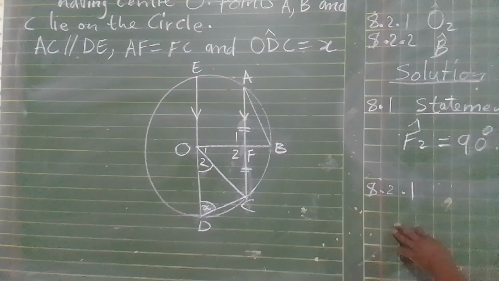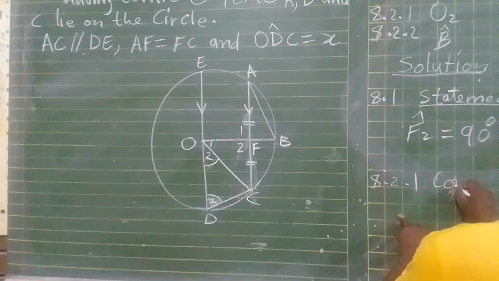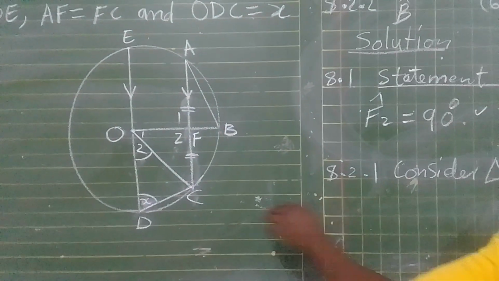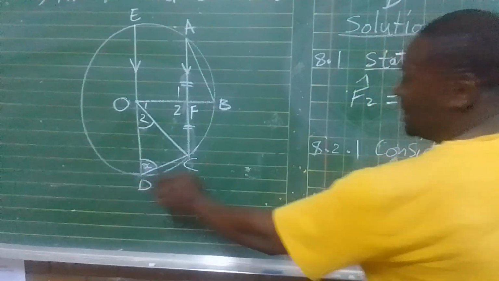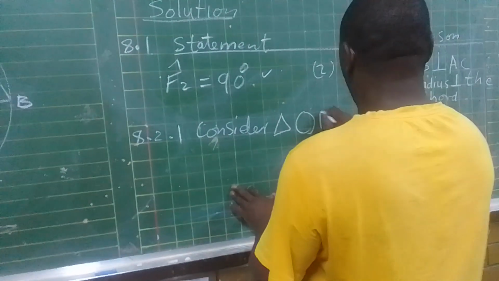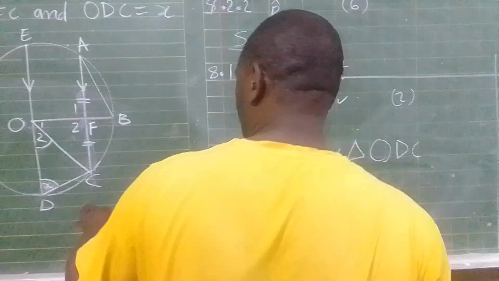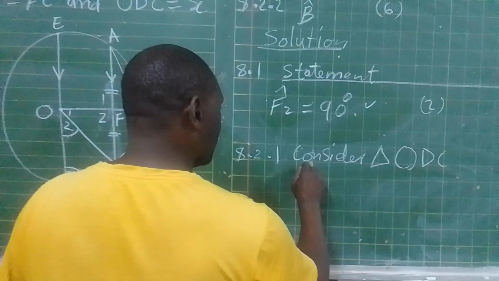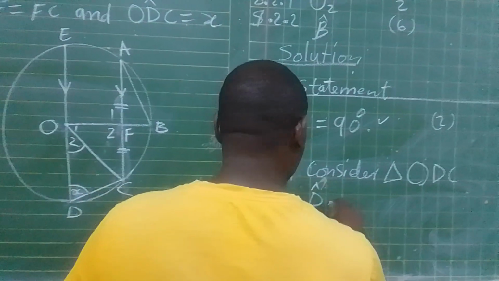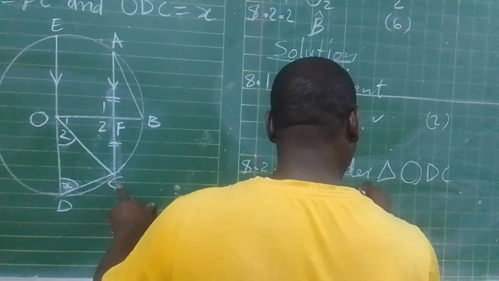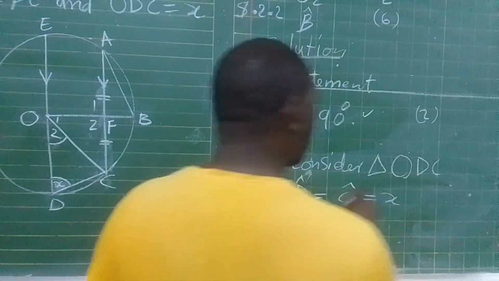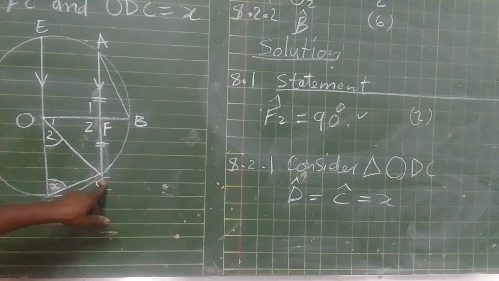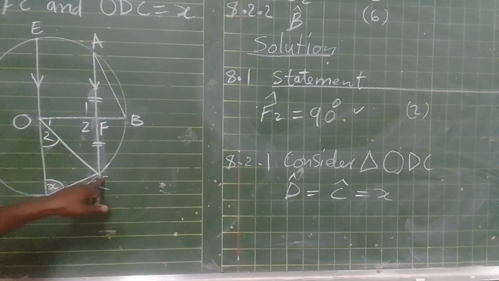We'll start by saying consider triangle ODC. Angle D is equal to angle C is equal to X. What is that? OC is a radius from the center to the circumference.